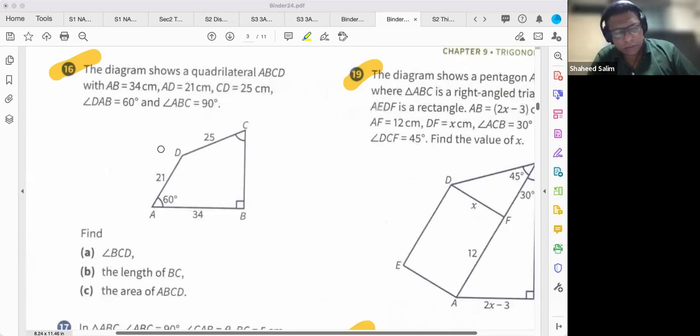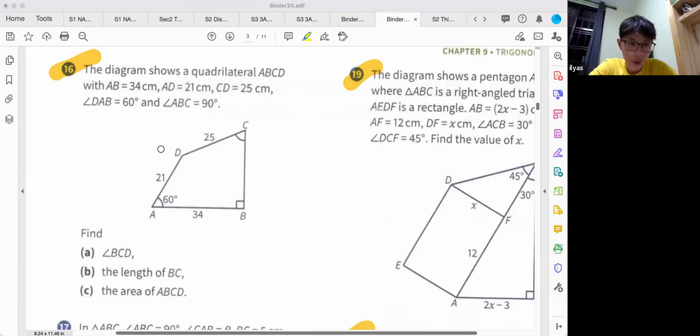In fact, this is a topic before they learn the sine rule and the cosine rule. Before they learn all that, they can do this with a simple SOH CAH TOA. Can you just try to solve? Don't use the complex one. Can you use SOH CAH TOA to find this? You think you can make it into two triangles, right?